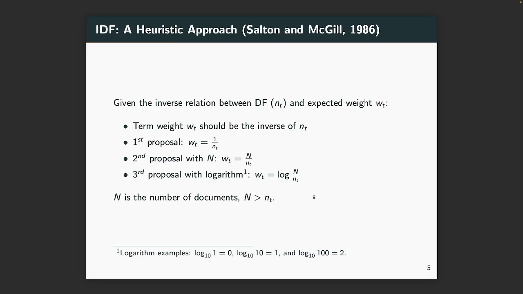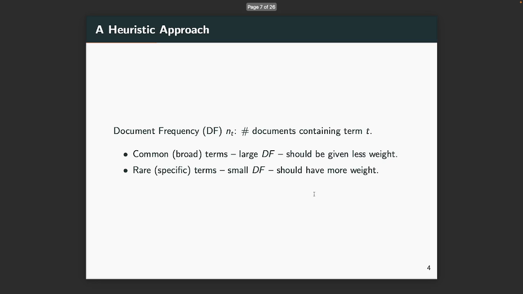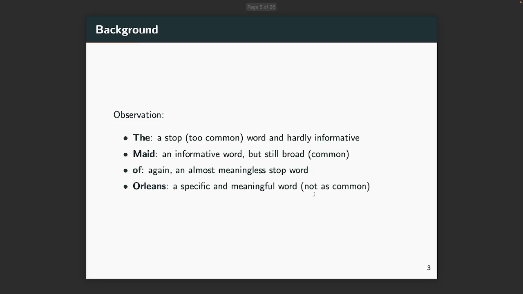Again, back to our original point: the whole purpose of IDF, or inverse document frequency, is to capture this intuition that common words are not as useful as rare and more specific terms. And the notion of inverse in the IDF is to capture this inverse relation.